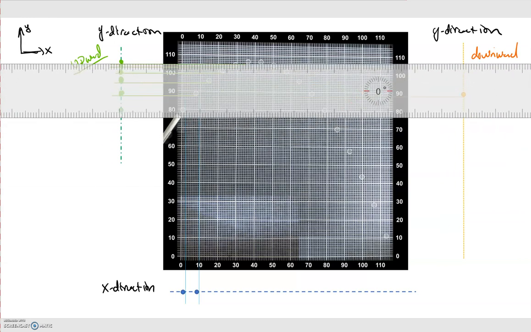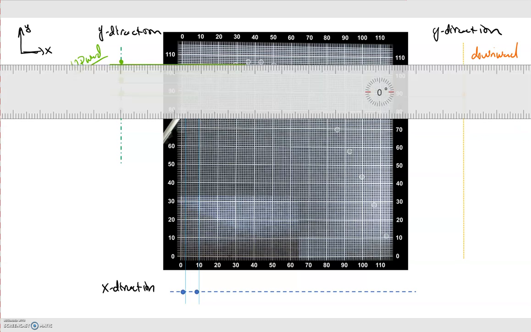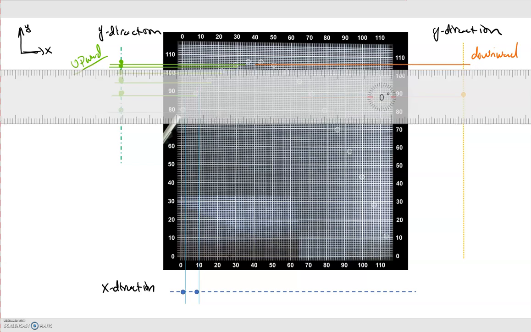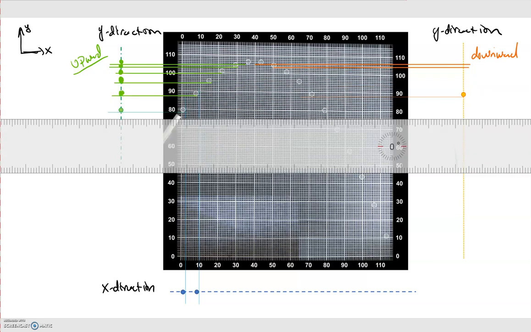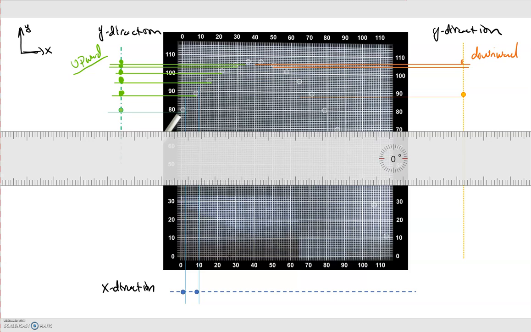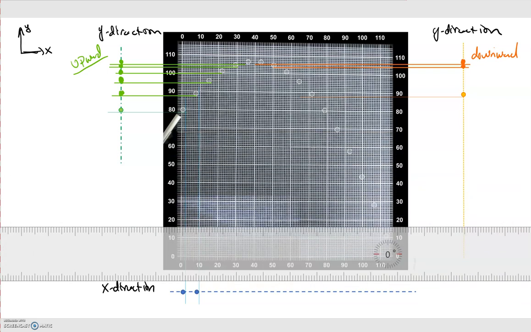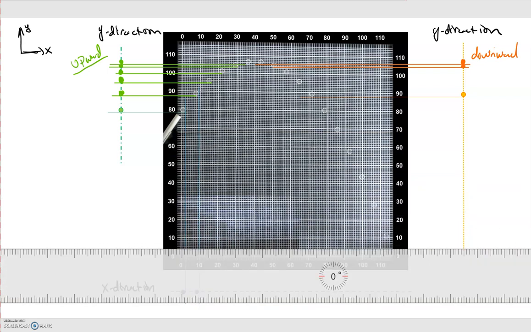So we're going to move our ruler just below the top position, and draw that over to the motion diagram axis. And then we're going to repeat that for the next point. We need to fill in our dots where that crosses the motion diagram axis. And then we're going to repeat that until we reach the last position.